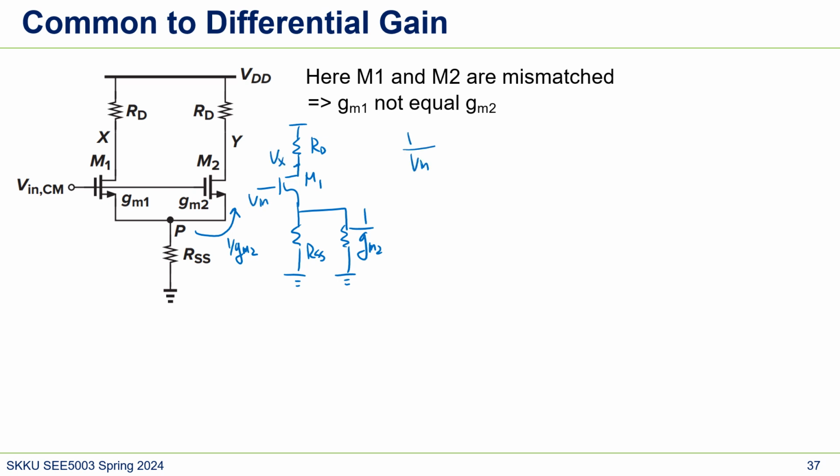Vx over Vin is minus RD over, GM1 inverse plus, because this is degeneration, RSS parallel 1 over GM2.